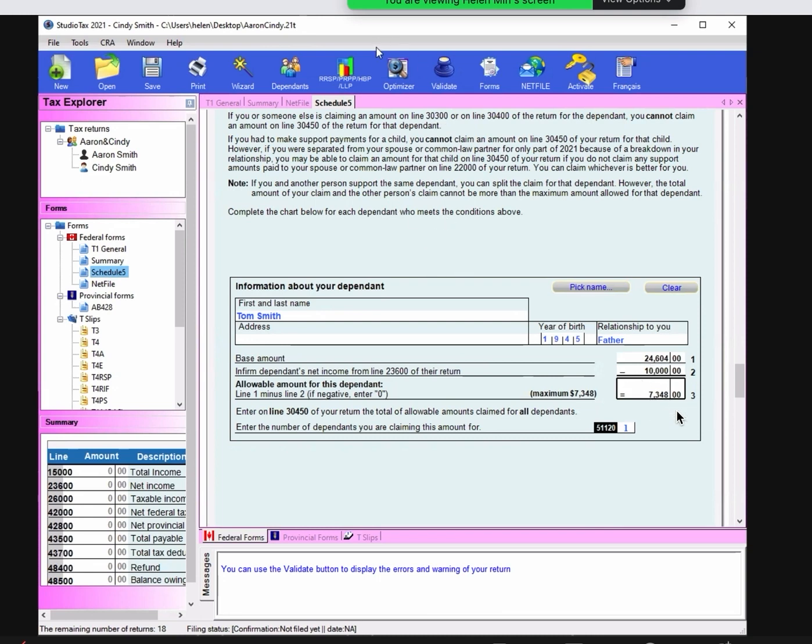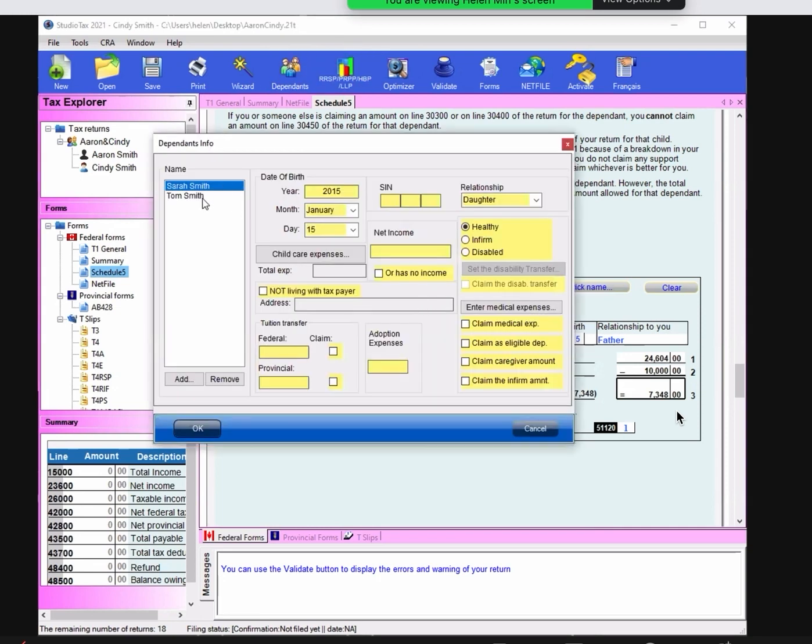But if Tom's net income is 25,000, not 10,000, see what happened here. See how many credit he got?